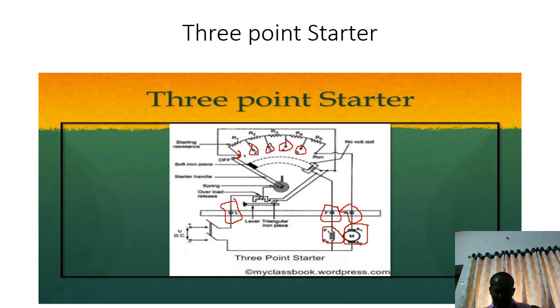Another important set of parts is the overload release coil, no voltage coil, handle, spring, and soft iron pieces. When the handle is shifted to stud 1, a small amount of current passes through the armature, which starts rotating by itself, and the remaining current passes through the no volt coil to the field winding.